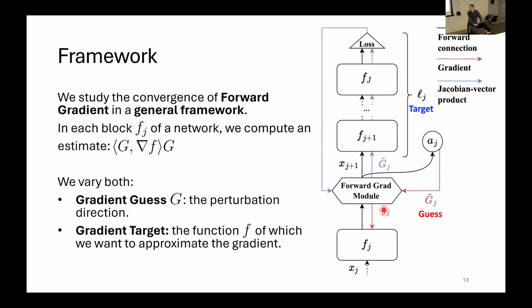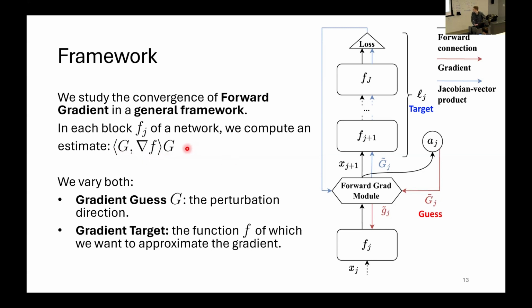I don't know if you're familiar with forward gradient. The idea is that in forward mode differentiation, you can compute the scalar product of one perturbation vector G and the gradient of a function f with only one forward pass. So you don't get exactly the gradient, but you only do it in the forward pass, and when you multiply it by the direction G, this gives you an estimate, which is the forward gradient.